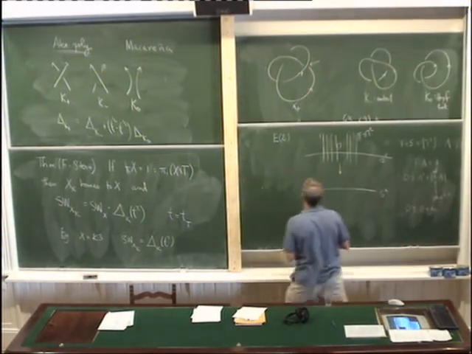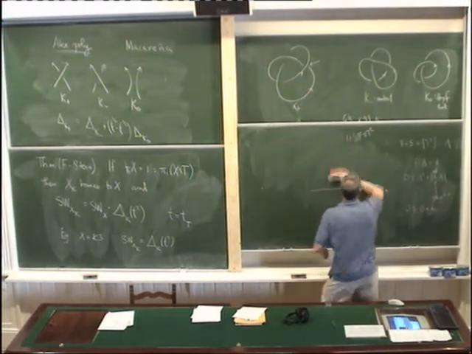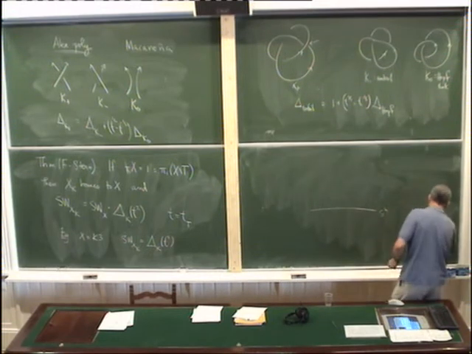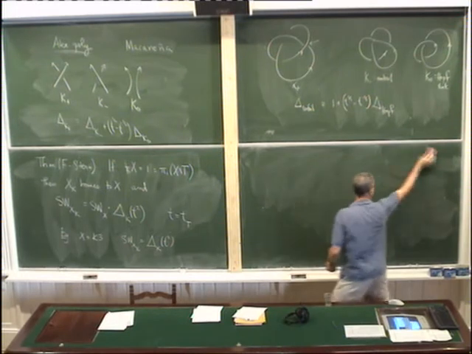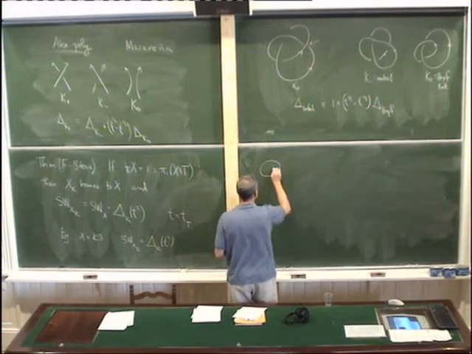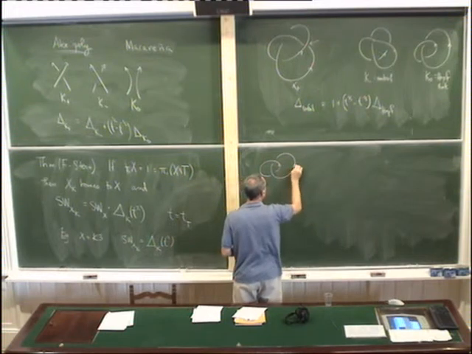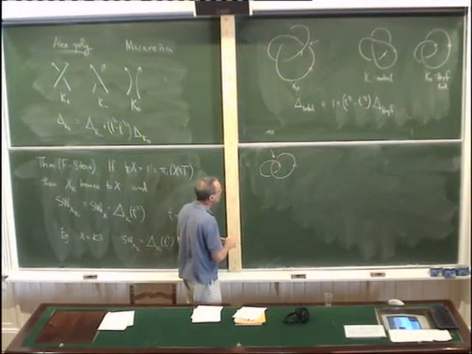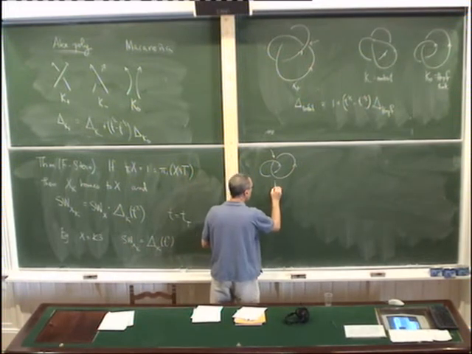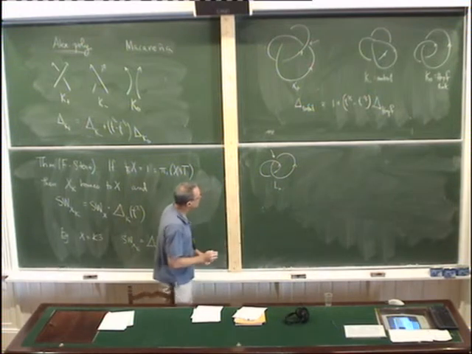So let's finish this by calculating this Alexander polynomial, the link on the right. So let's focus on this crossing here, which is right-handed. Okay, so let's call this L. This is L plus.